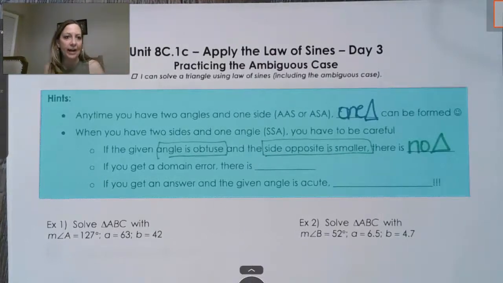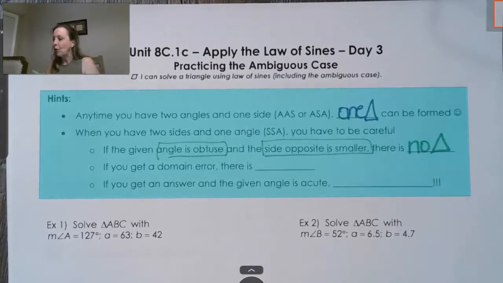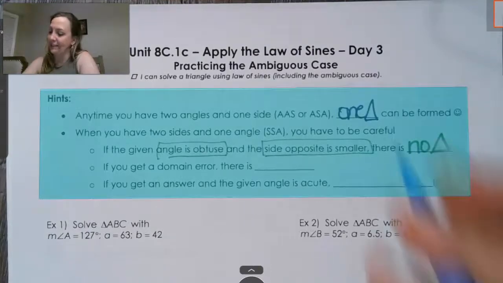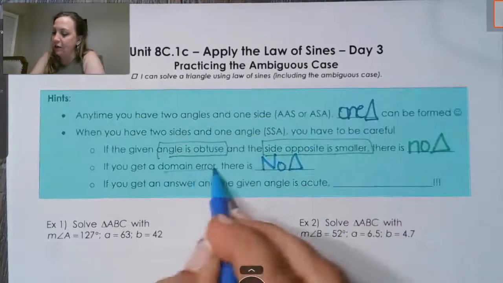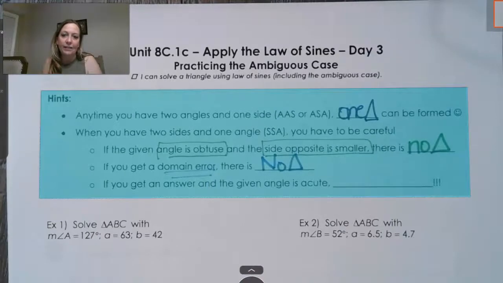If I tell you that a smaller side is across from an obtuse angle, that doesn't make any sense. We also said that there is a domain error, which means there is, again, no triangle. So if we get a domain error, that means there's no triangle.